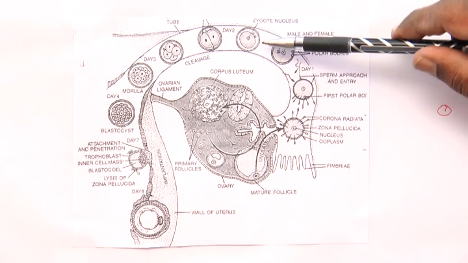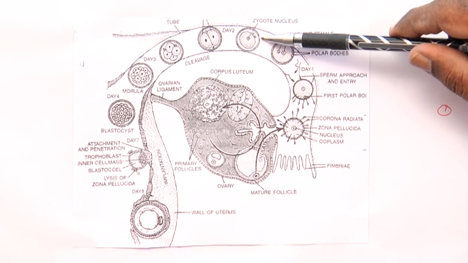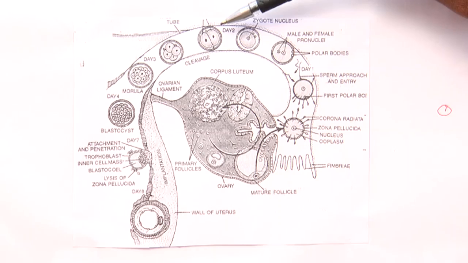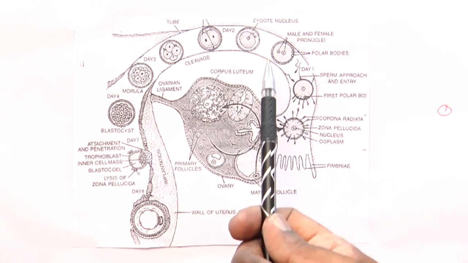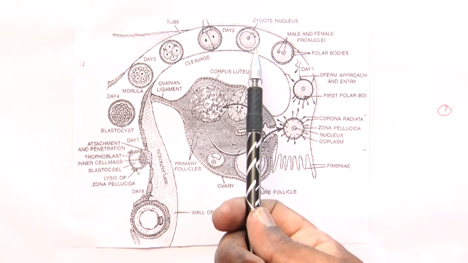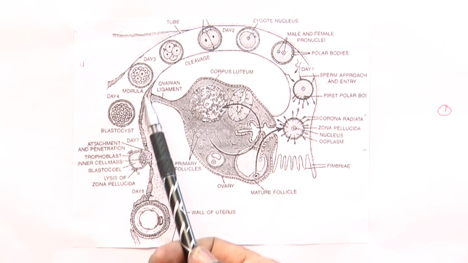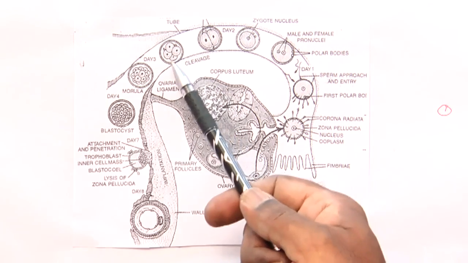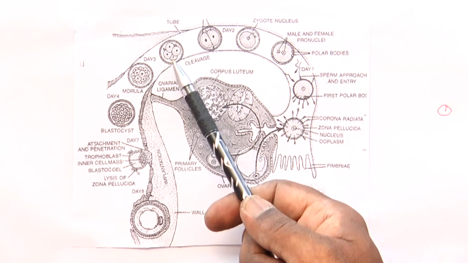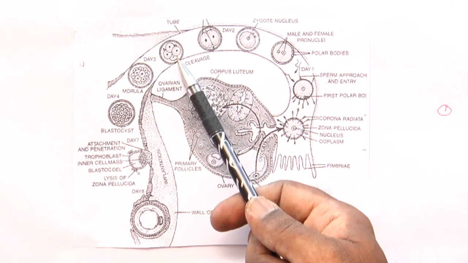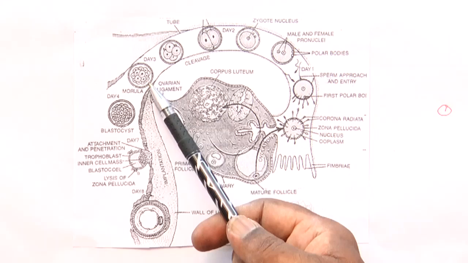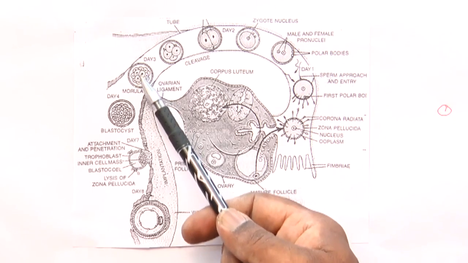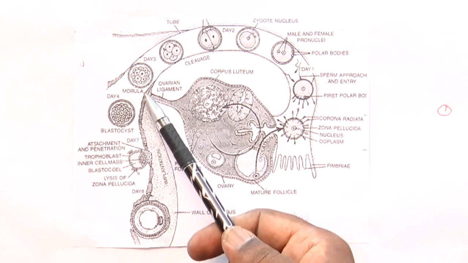On day two, they join together to form the zygote, and here you can see the first cleavage happening. The first cleavage results in two blastomeres. Meanwhile, the egg is moving towards the uterine cavity. And see here, second cleavage, 4 cells are present, and then the third stage, morula. Here, a solid mass is formed, which is called the morula.